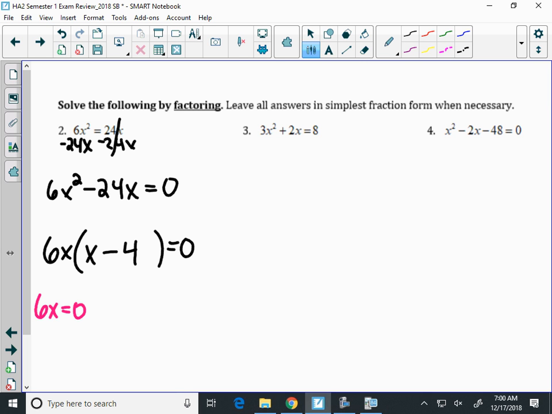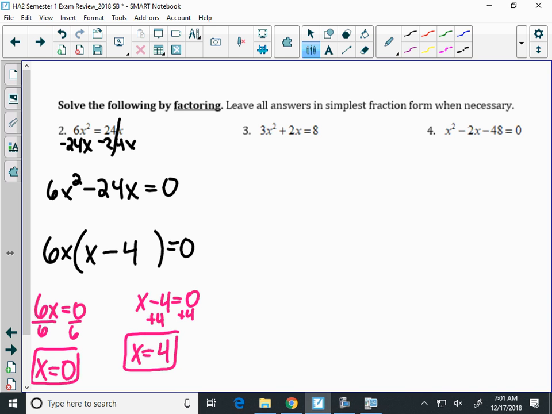So I set 6x equal to 0 and x minus 4 equal to 0. Well, when I have 6x equal to 0 and I divide by 6, that means one of the solutions is 0. And this guy here, I add 4 to both sides, and I get that the other solution is 4. So 0 and 4 there.